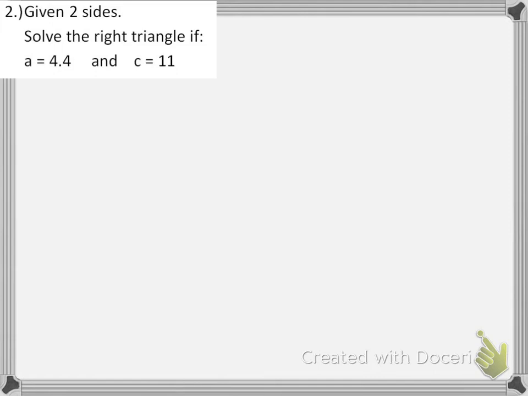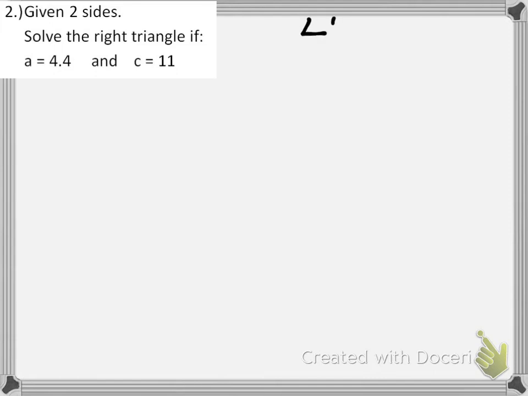Solve the right triangle if the only thing I tell you is that A equals 4.4 and C equals 11. If we are solving this right triangle, that means I'm going to know all 3 angles.